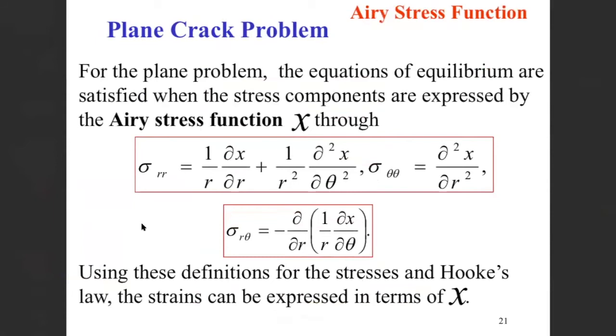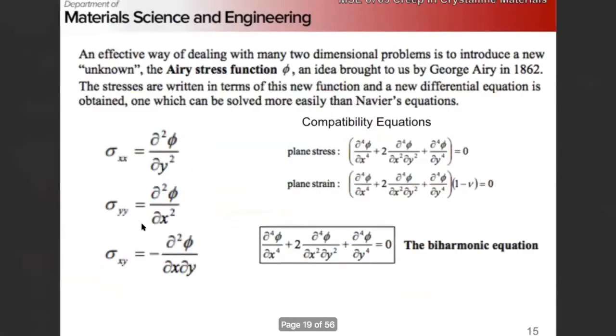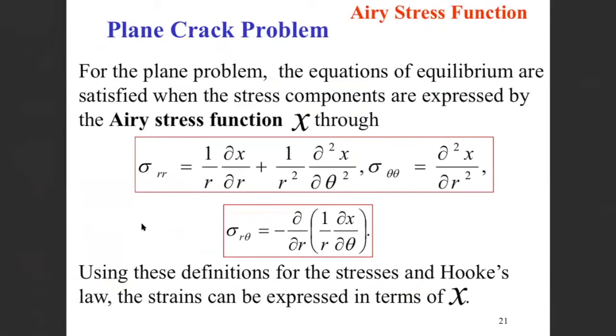Okay. So for the plane problem, we need to guarantee that our solution satisfies stress equilibrium. To do that, we introduce something called an Airy stress function.